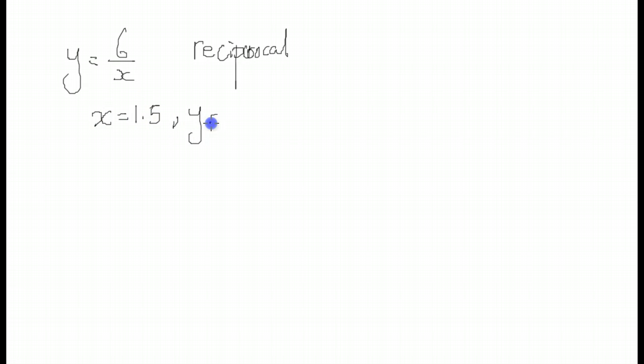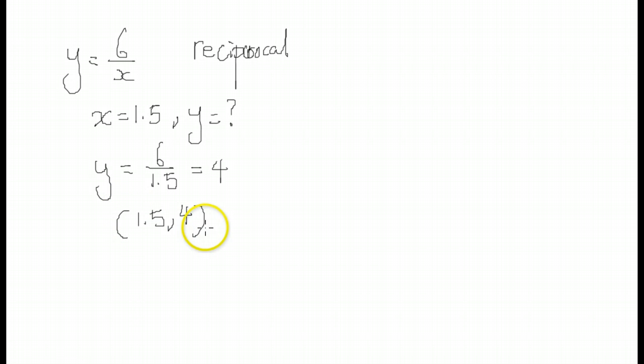What would be the value of y? To find the value of y, it will just be as per any equation. We just substitute x equals 1.5. Thus we get y equals 6 divided by 1.5, which is 4. And thus the coordinate would be (1.5, 4).